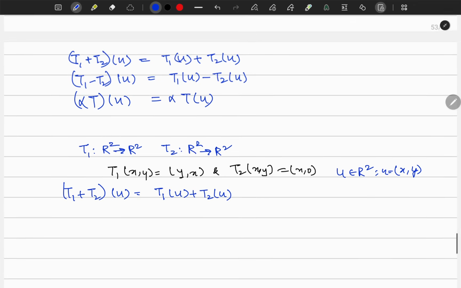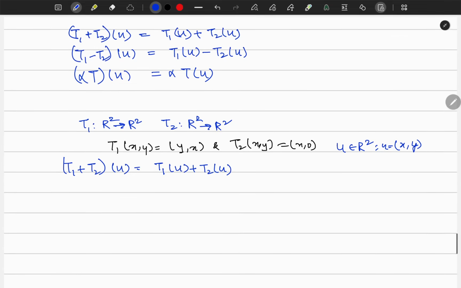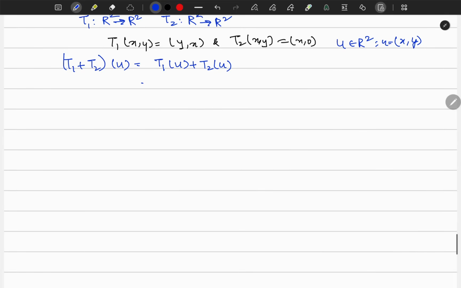Now apply it to U: T1 of x comma y plus T2 of x comma y. T1 of x comma y is y comma x, and when you apply T2, that is x comma 0. So you will get x plus y comma x. So this is T1 plus T2 of U.